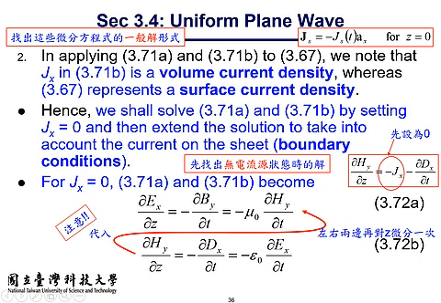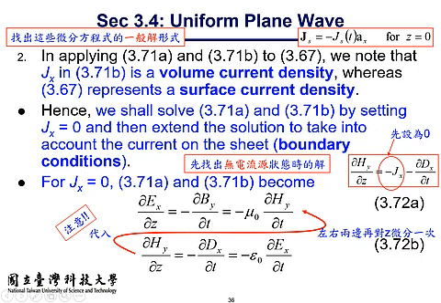So for any position other than Z equals 0, you have del Hy over del Z equals the minus of del Dx over del t, and del Ex over del Z equals the minus of del By over del t. So you have these two relationships.